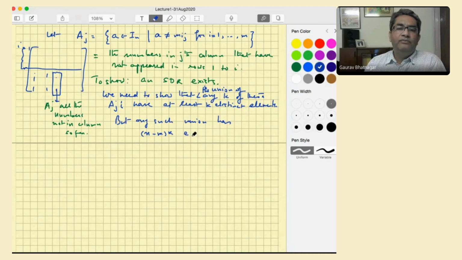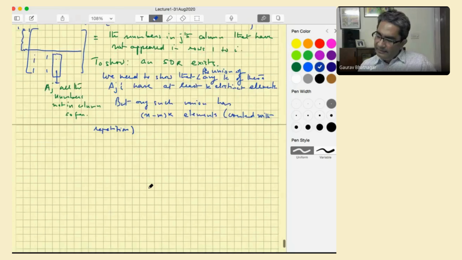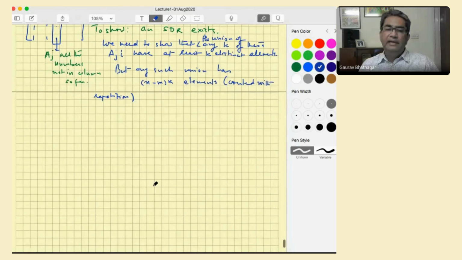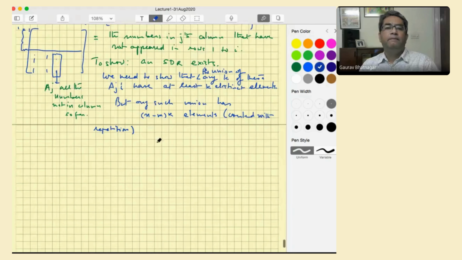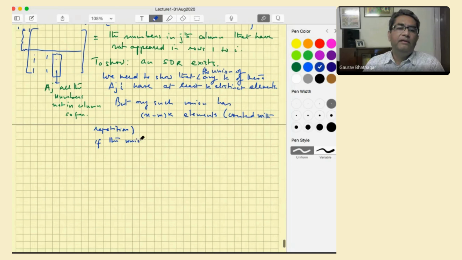So the union will have n minus m times k elements, and these are counted with repetition, right?